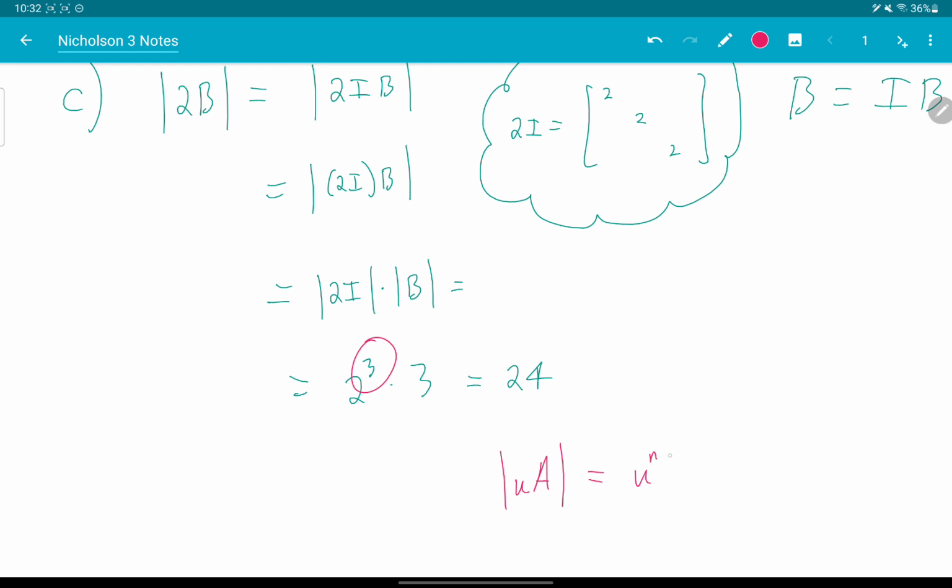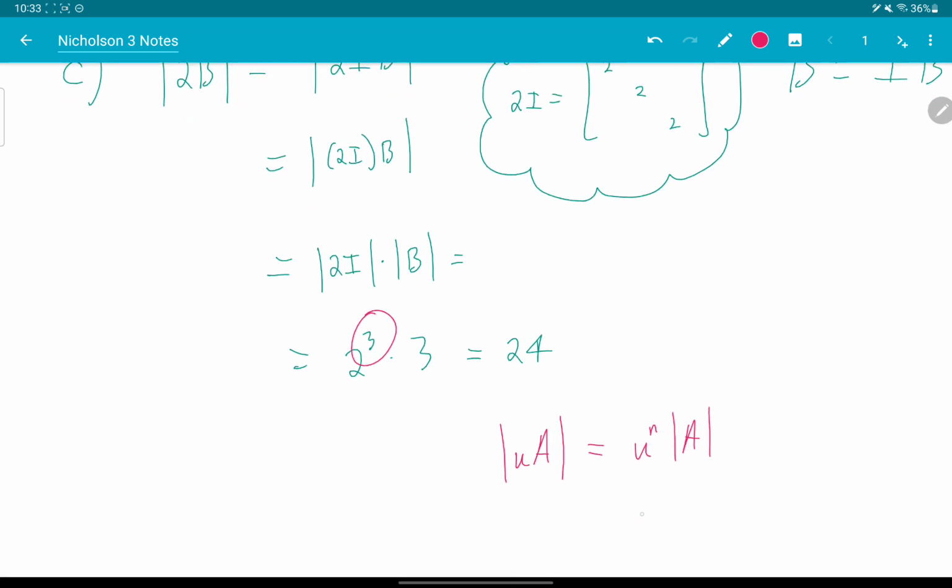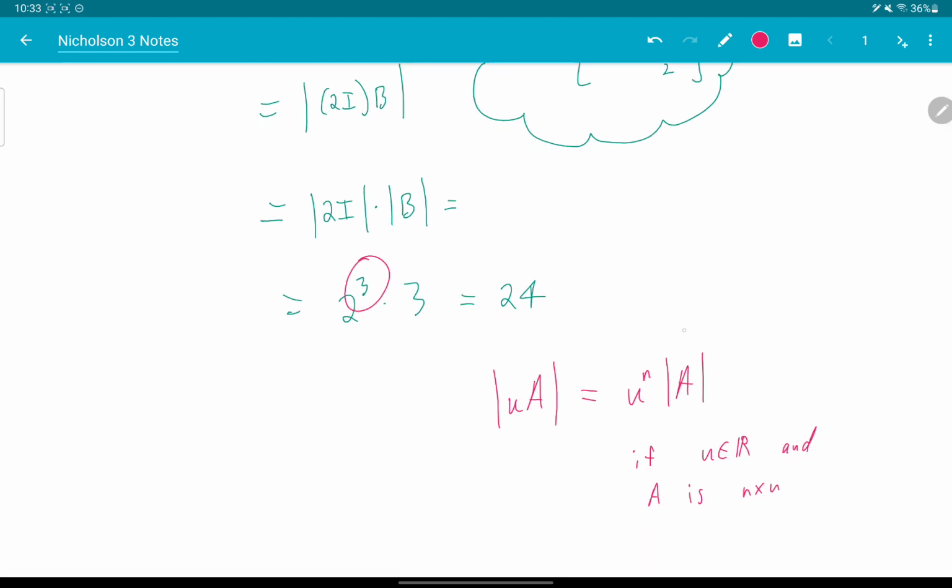So we'll put n: u to the n, times the determinant of A. So this is u is a real number, and A is n by n. Okay, another formula that should have a nice place in your notes.